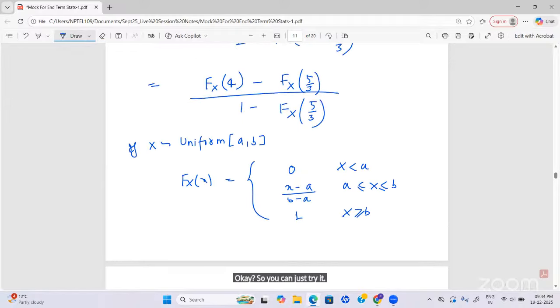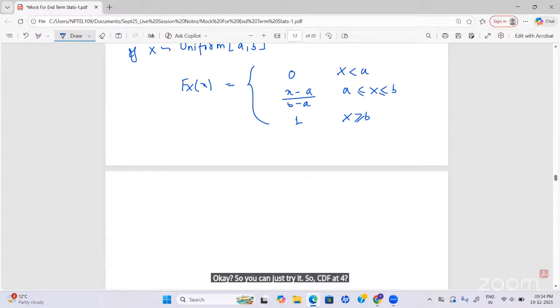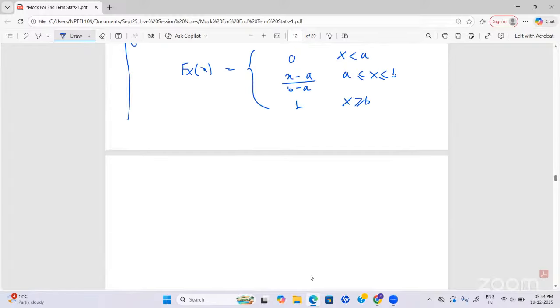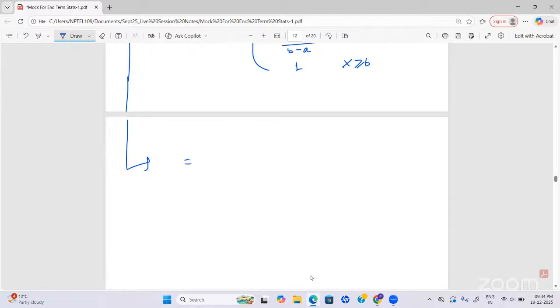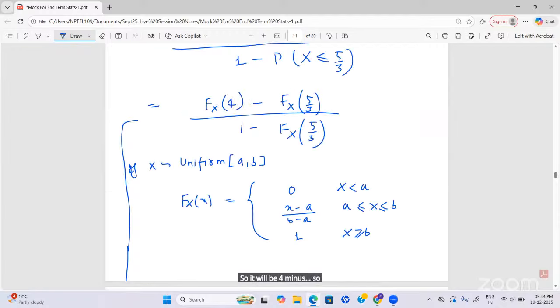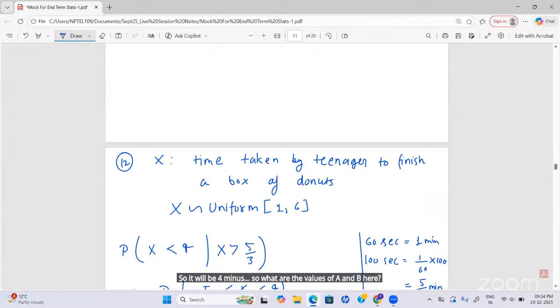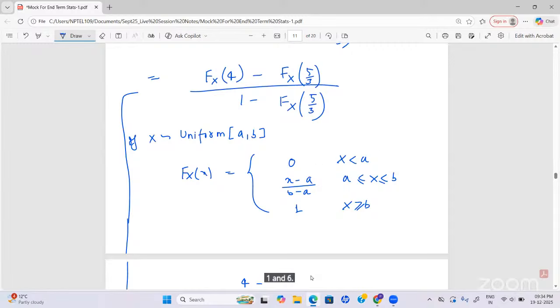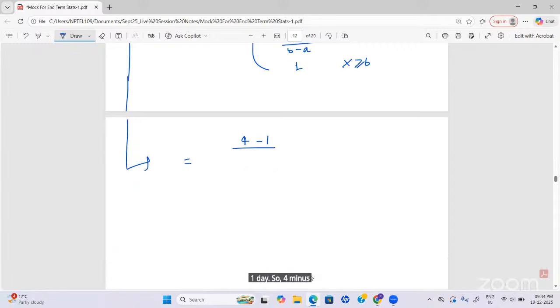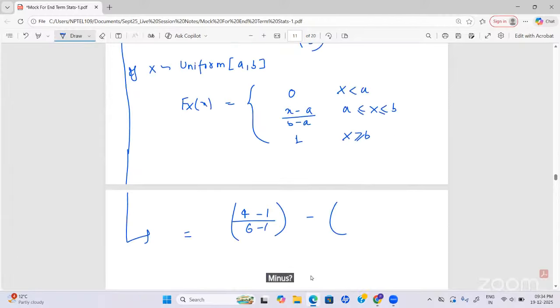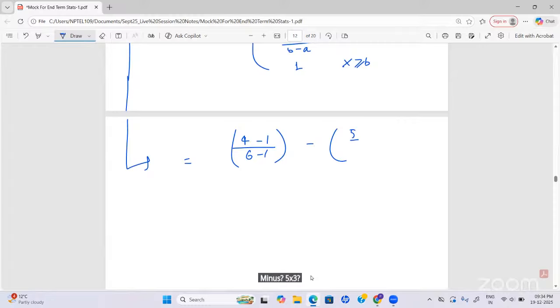So CDF at 4 will be 4 minus a. What are the values of a and b here? 1 and 6. So 4 minus 1 divided by 6 minus 1, minus 5 by 3 minus 1 divided by 6 minus 1.